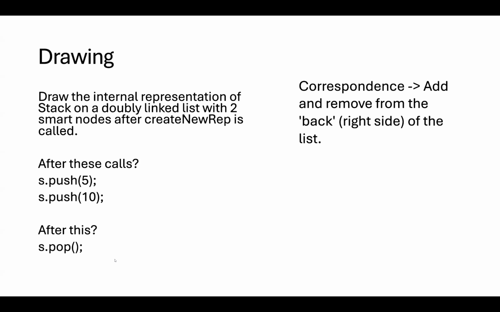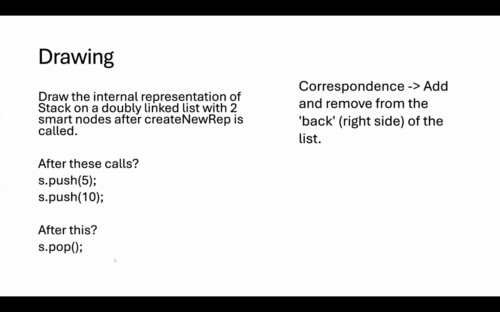Let me actually label this class, and then these are going to be my nodes, right? Like first smart node, second smart node. You don't have to do the labeling on the test, but it can help keep stuff straight in your head. I'm going to switch over to blue now for the pointers.